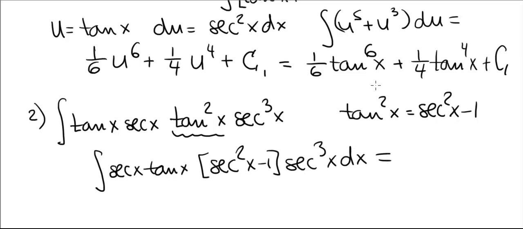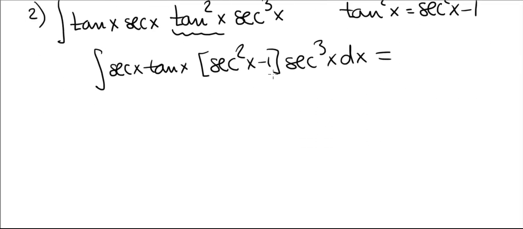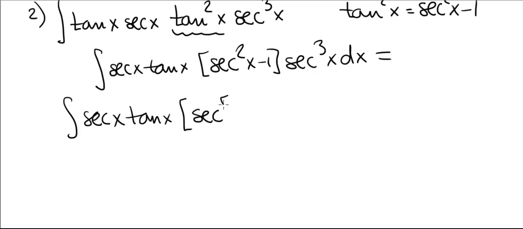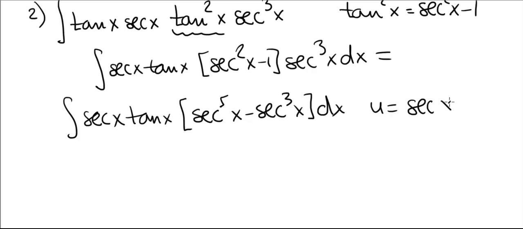Again, simplifying it before we substitute. So this is secant x times tangent x times secant to the fifth x minus secant cubed x dx. We're going to let u equal secant x this time.